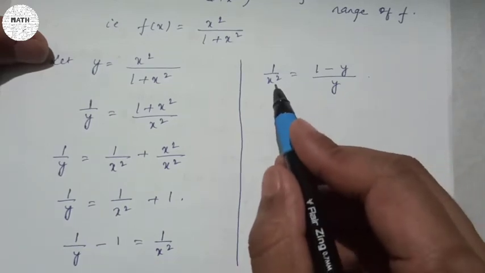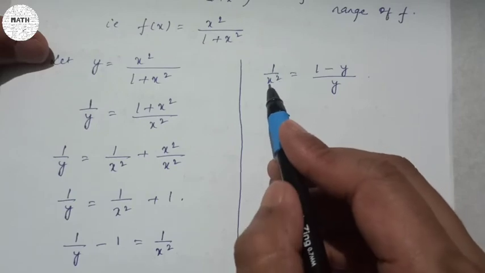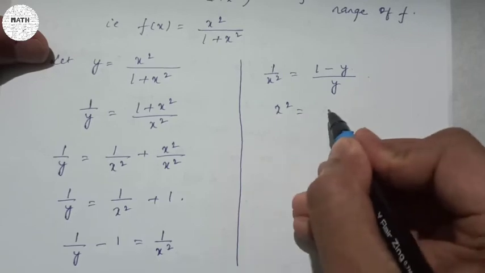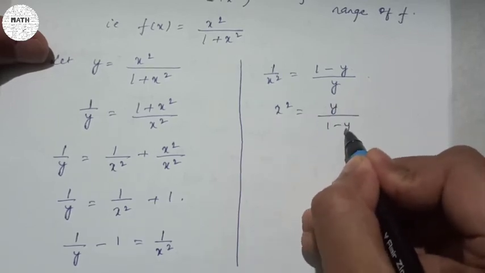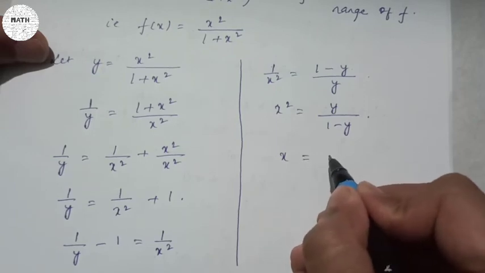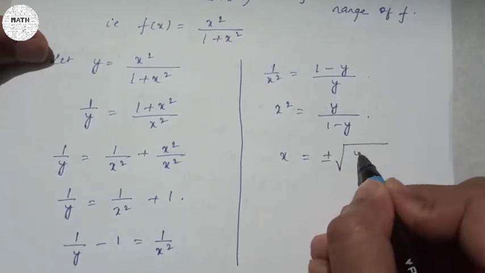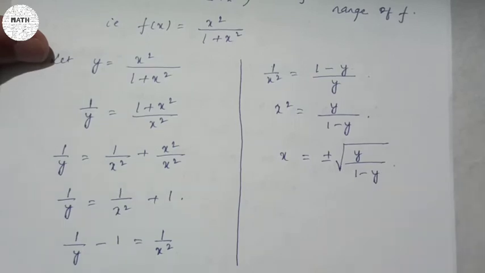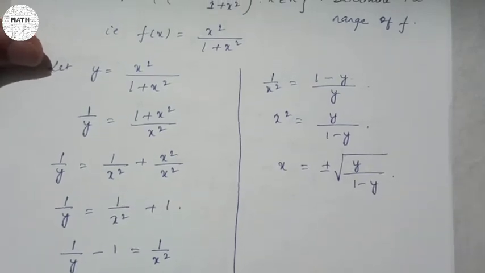So now again I'm going to bring this denominator up, so this will come up. So there will be x squared is equal to y divided by 1 minus y. So x would be how much? Plus or minus root over of y divided by 1 minus y. I hope you're clear.